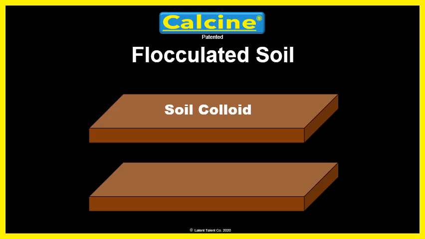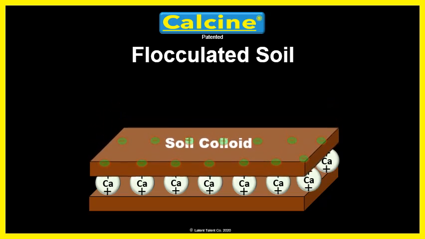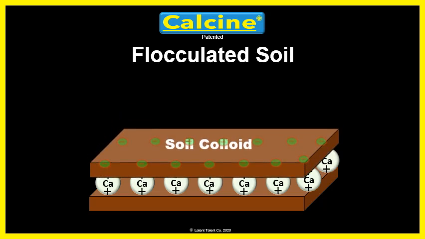This image depicts calcium's role in soil flocculation. As we've seen before, soil colloids have a negative charge. The free calcium ions produced by calcine's effects, because of their multivalent nature, can bond soil colloids together. This effect can be described as an ion bridge.